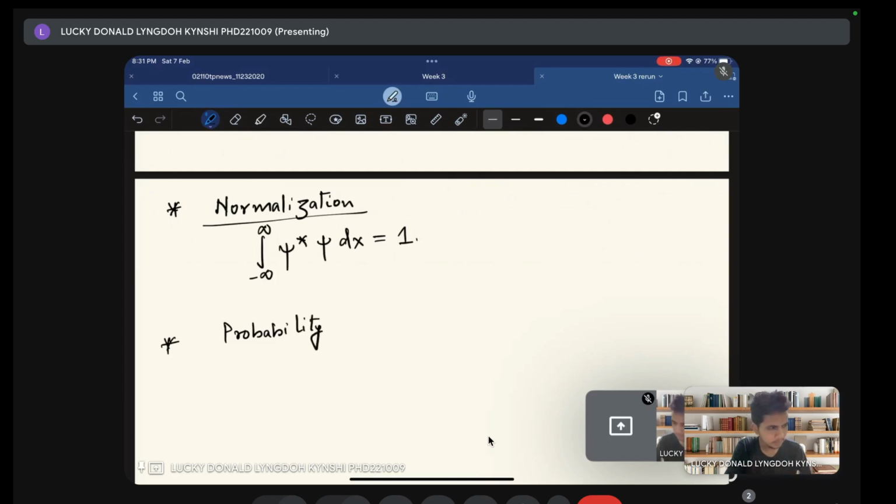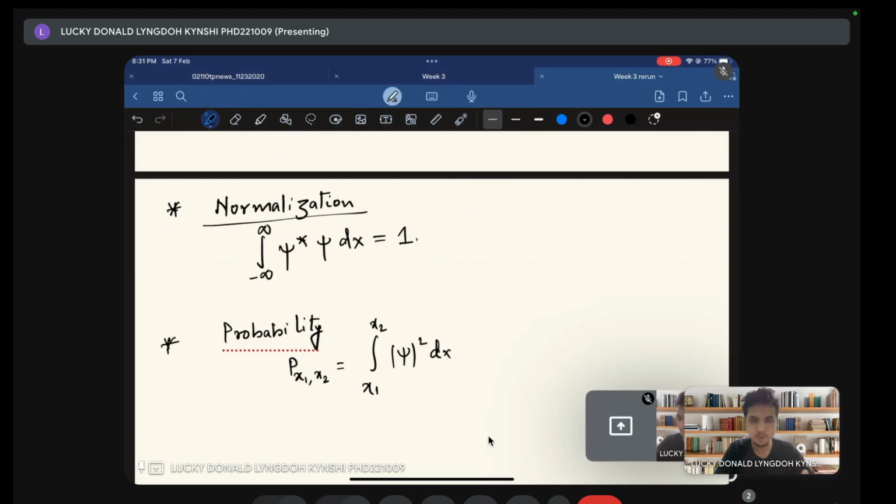The probability P of x1 comma x2 is given by the integral from x1 to x2 of psi star psi dx. So if you want to find the probability from point x1 to point x2, you integrate from x1 to x2 psi star psi dx. Like I told you, psi by itself has no physical significance, but its square deals with the probability of finding the particle at that time.